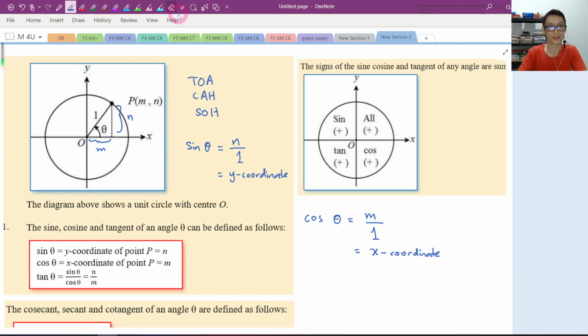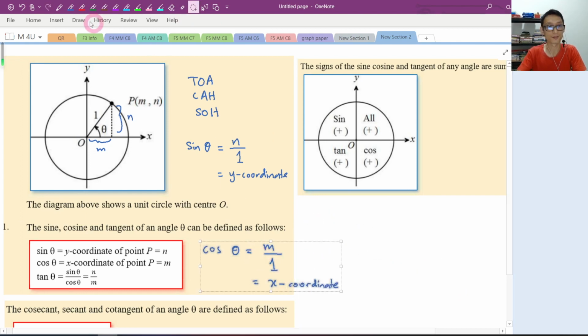Okay, last one, tangent theta. Tangent theta is equal to TOA, opposite side divided by adjacent side. So the opposite side will be n, and the adjacent side will be m, right? So what is n? n is the y coordinate.